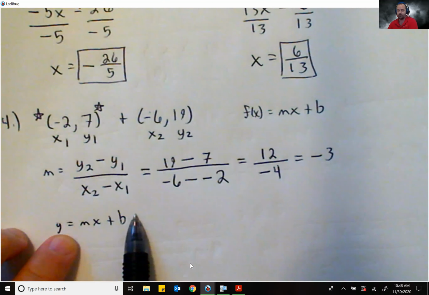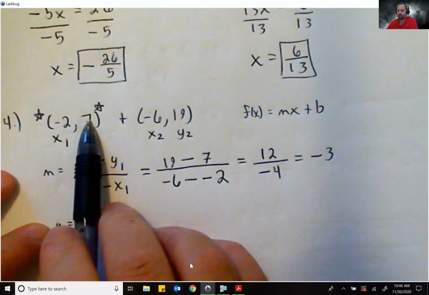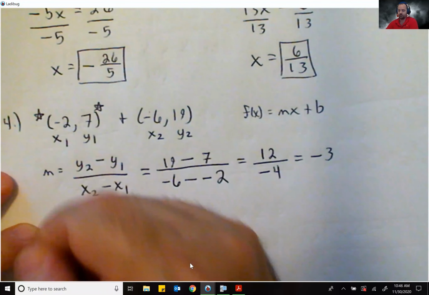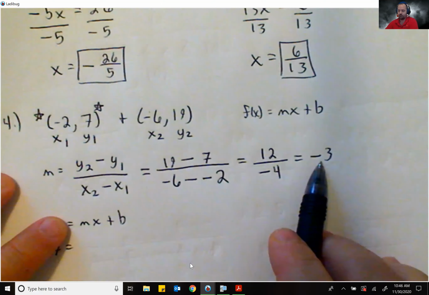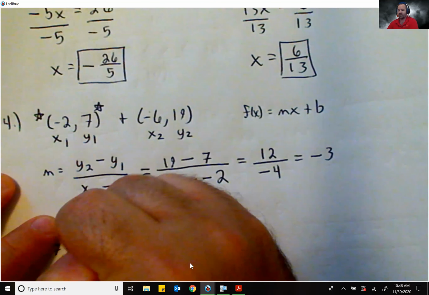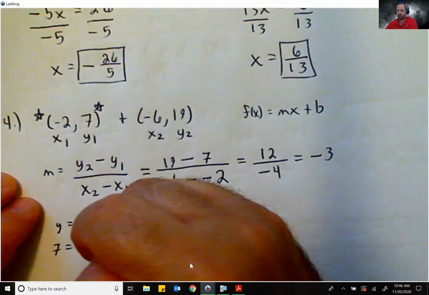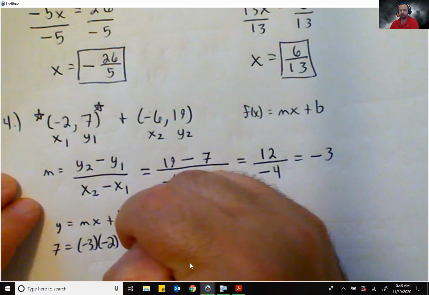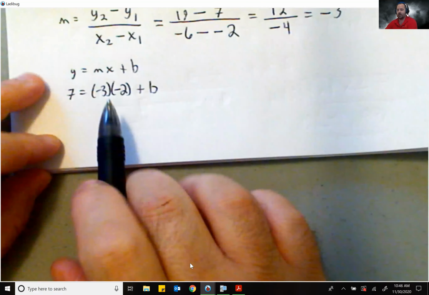And then we can solve for b. So our y value is 7 equal to, our slope is -3, our x value is -2, plus b. So now we can solve for b and then get our equation.